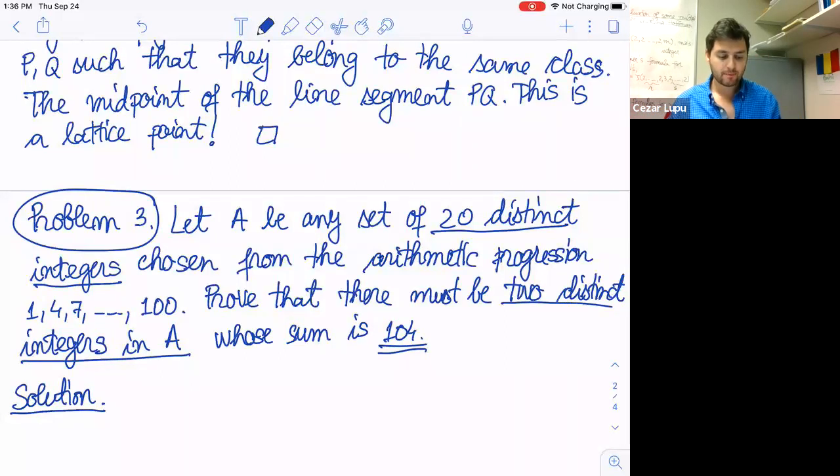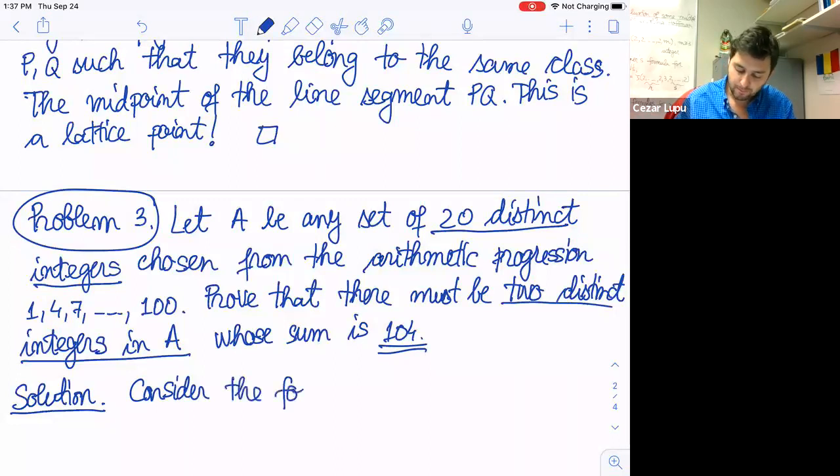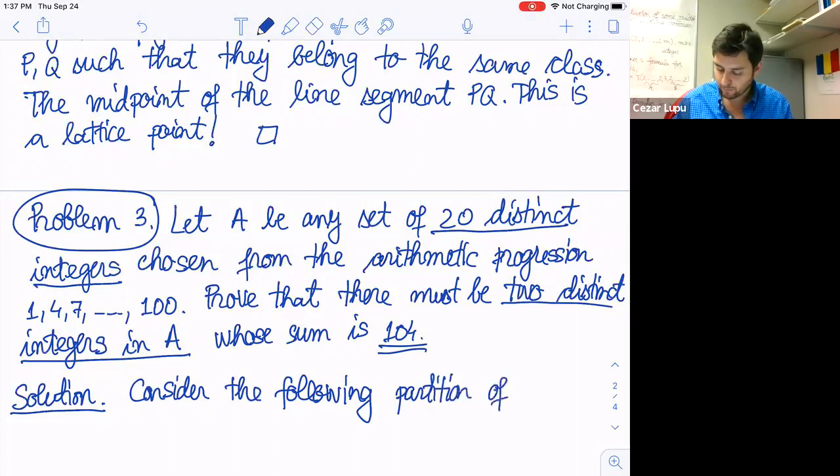Right. So what should we do here? We should divide this set. Imagine that we have this set. Maybe we should divide it, so consider the following partition of the set.